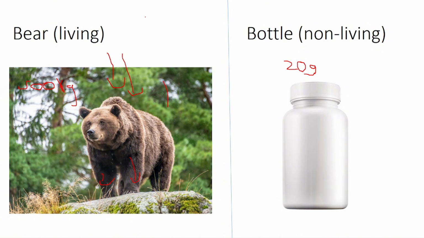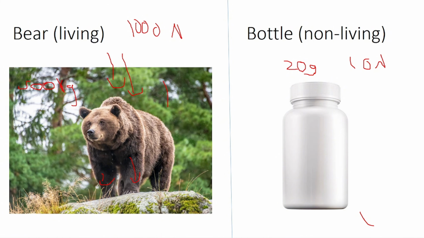So for example, there'll be, let's say, about 1000 newtons. That'll be the weight of the bear, the gravitational pull that's pulling the bear down for it not to float. And for this it will be, let's say, 10 newtons.